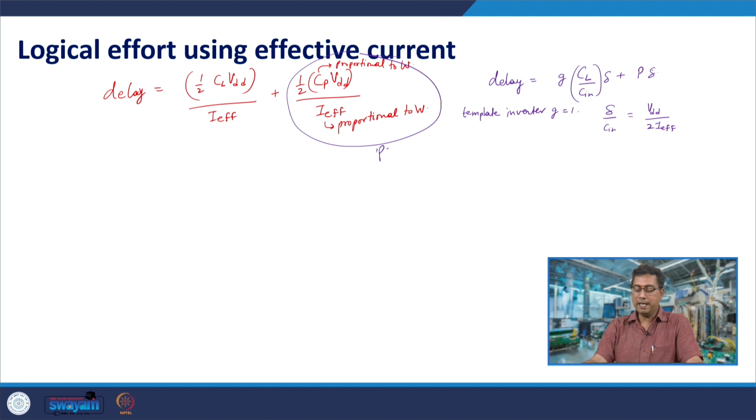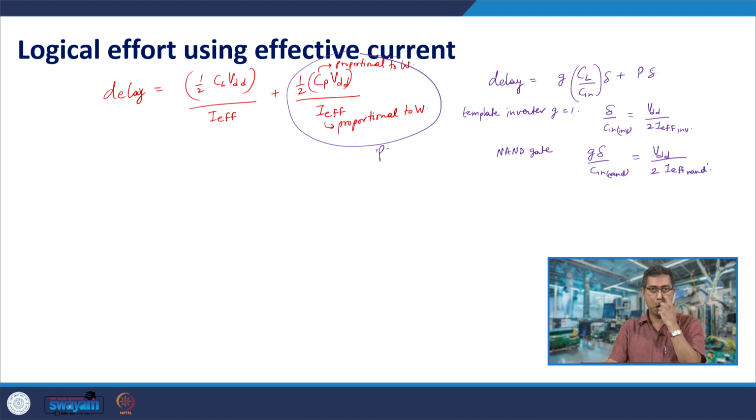Now, for any other gate, so this is for the template inverter, for say a NAND gate, G is not 1. So, there we would have G into delta by C in NAND, that would be equal to VDD by 2 I effective NAND, is it not? That is the way we would write, because there G is not 1.